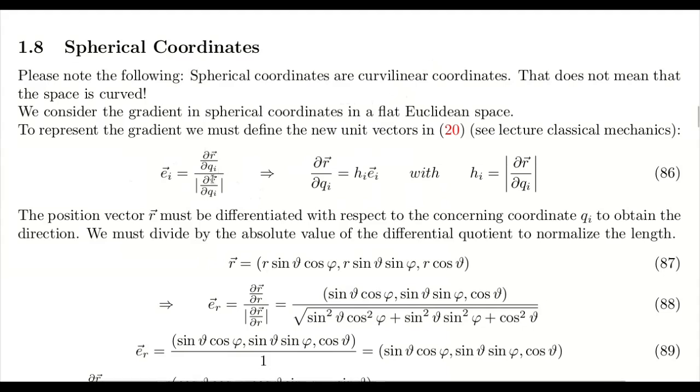And we must divide by the absolute value because we want to have unit vectors again as basis vectors. So we have here written the same but with absolute value bars. And we can write h for the absolute value.